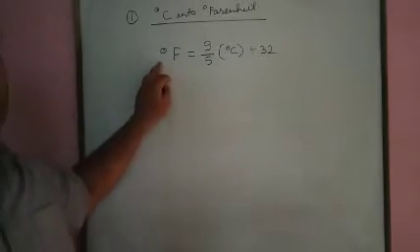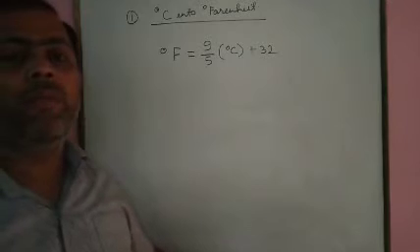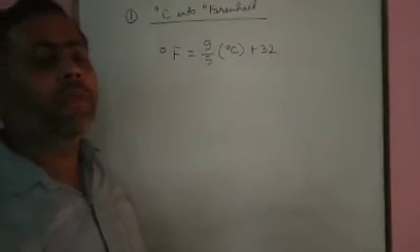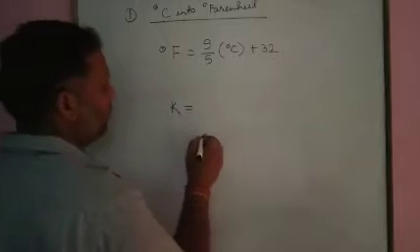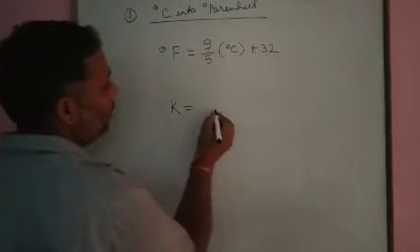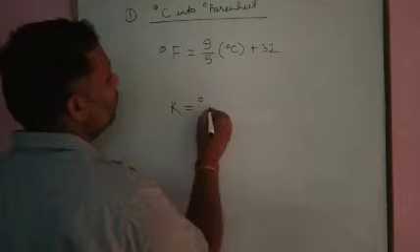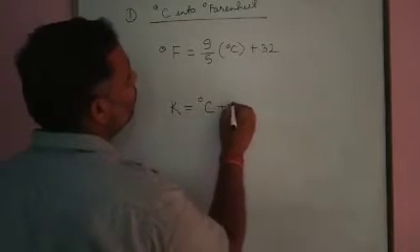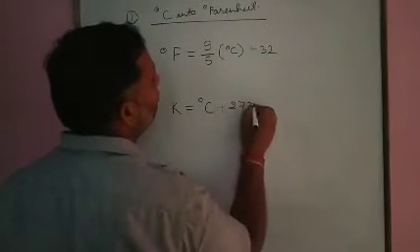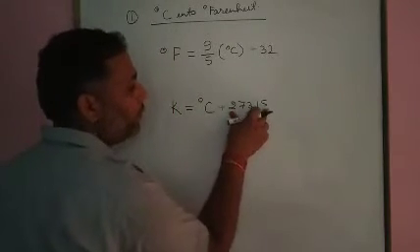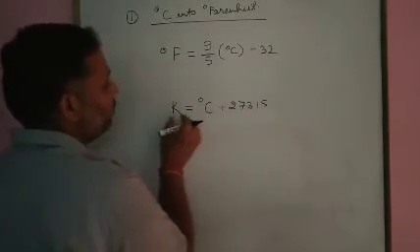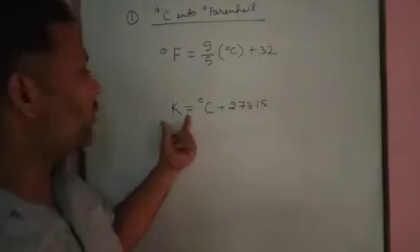To the next one, if you want to convert Kelvin into degree centigrade, or centigrade into Kelvin, what do you have to do? You have to add 273.15 to degree centigrade, and you get the temperature in the Kelvin scale.